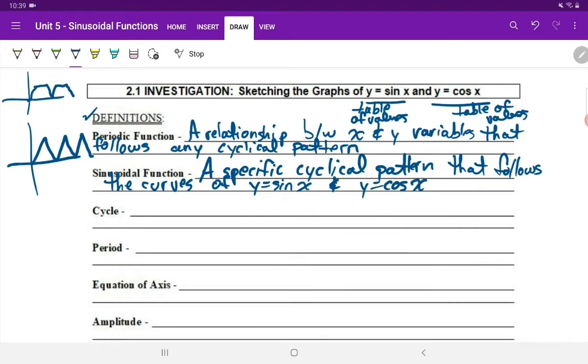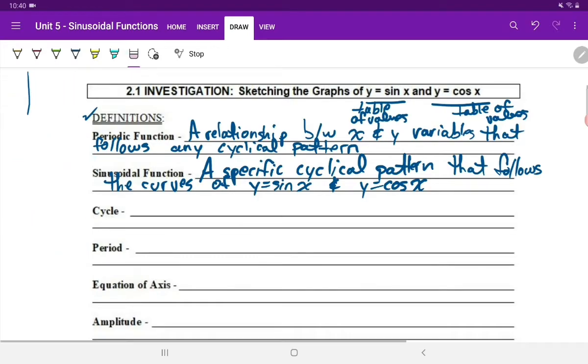Okay, so it has to be specifically following, and just to give you a hint here, it has to be these smooth curves that go up and down in the exact same manner repetitively. Now I obviously didn't draw it that great, but it would be a smooth curve. So it has to follow y equals sine x and y equals cos x. A cycle, okay, a cycle can be considered a repetitive pattern.